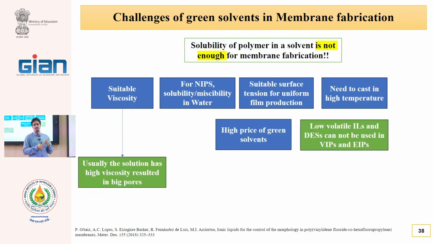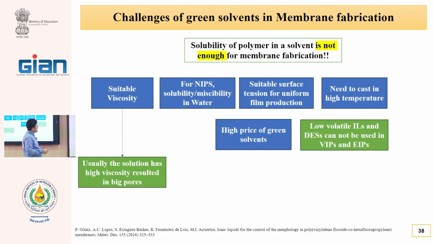And when not miscible, they do not want to go into the water, and we do not have phase inversion. We prepare the film and put it in the water, but the bio-based solvent does not go into the water, and we do not get a good film.